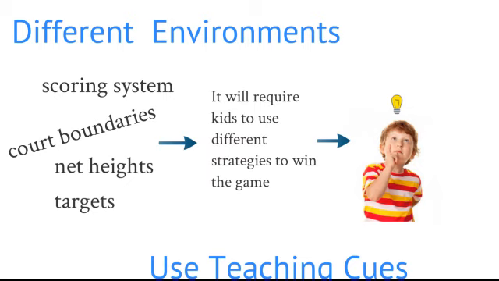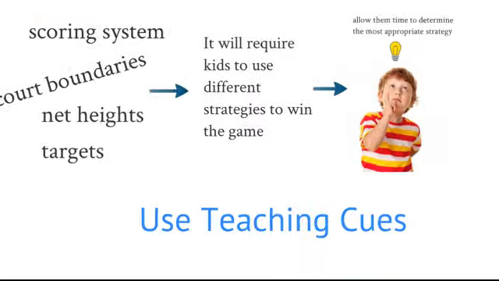Those environments will require kids to use different physical, technical, and tactical strategies to score well or to win the game. And we just need to allow them to determine the most appropriate strategy. So they will be playing, having fun, and basically teaching themselves.